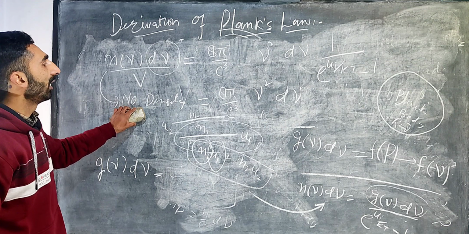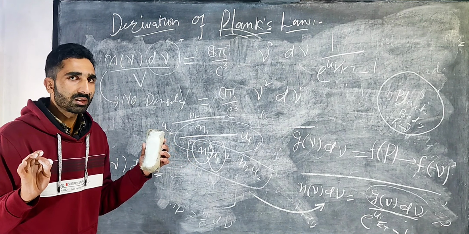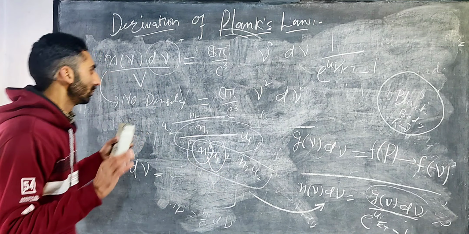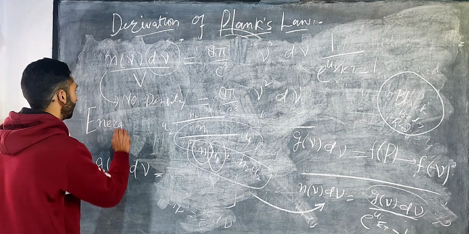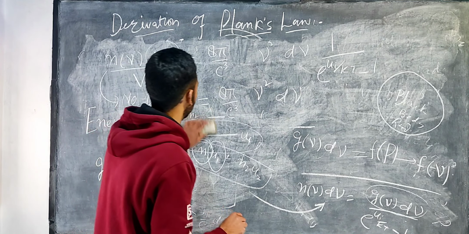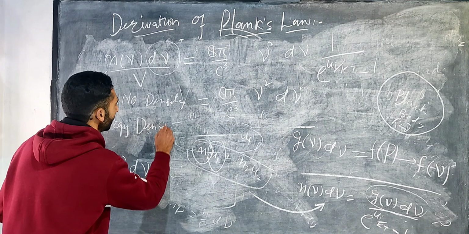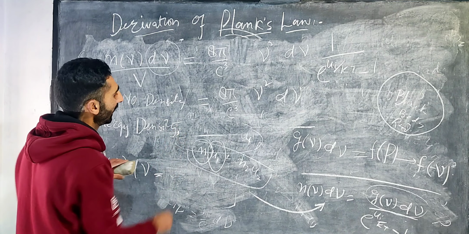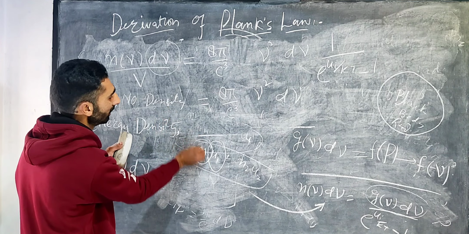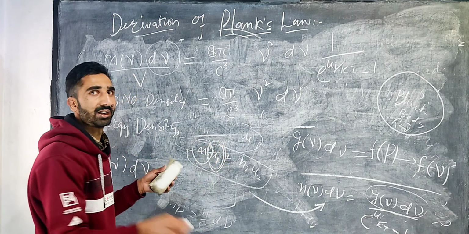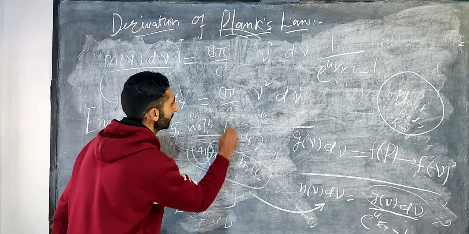Here we have the number density of a specific energy state. So in order to calculate the energy density, similarly as we did here, we have to multiply this number density with the energy of that state.